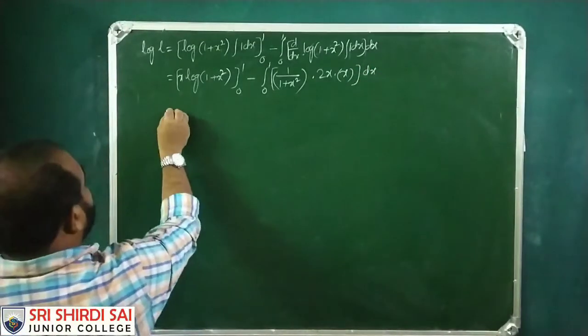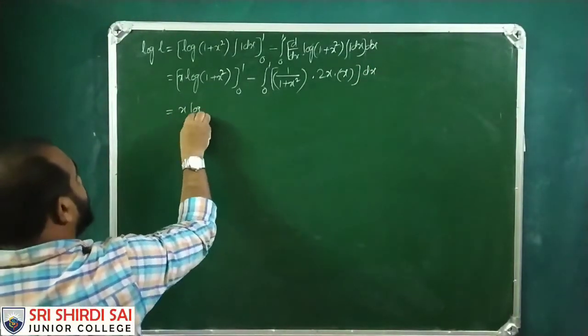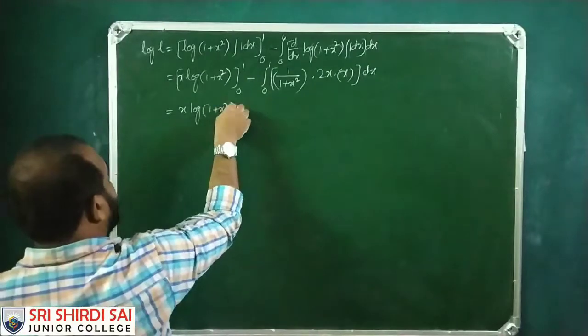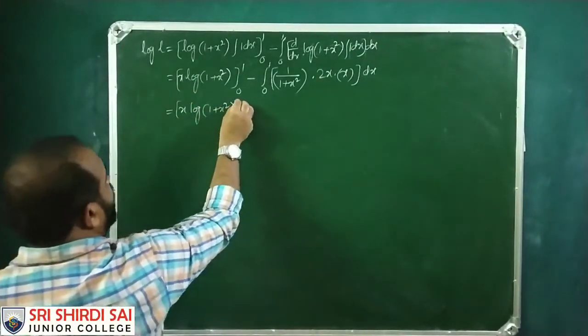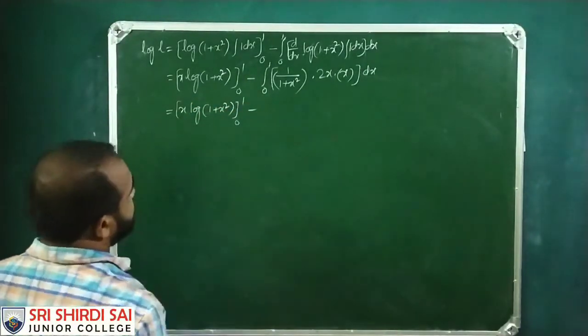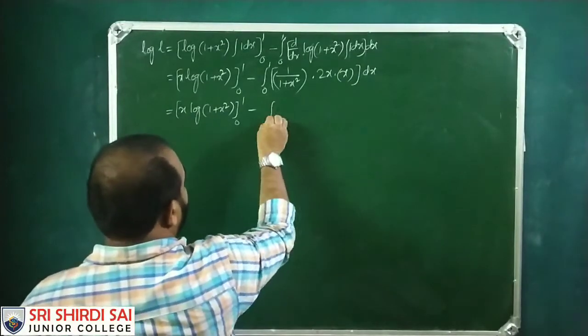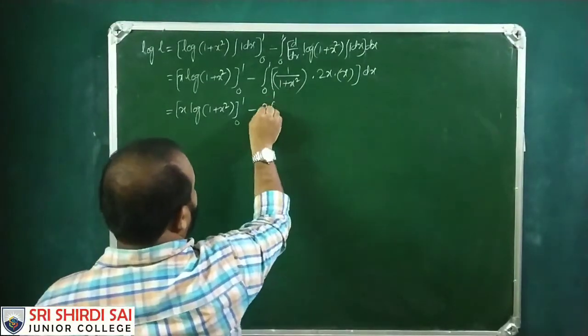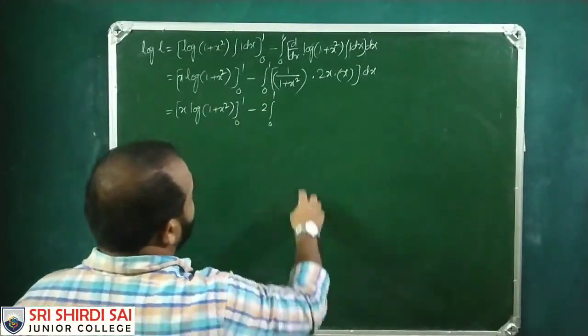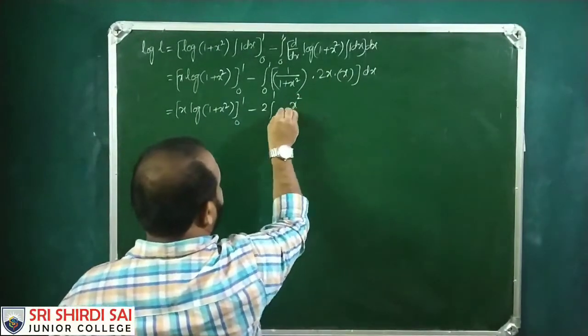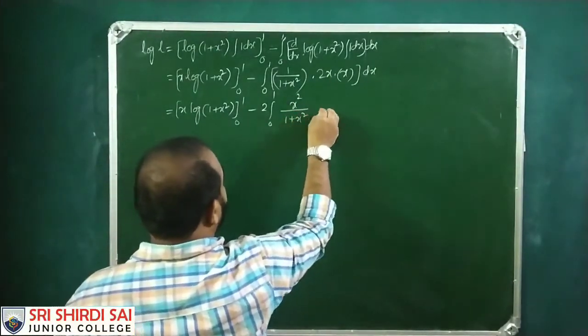This equals x log(1 + x²) from 0 to 1, minus the integral from 0 to 1, with the 2 separated, of x into x, that is x²/(1 + x²) dx.